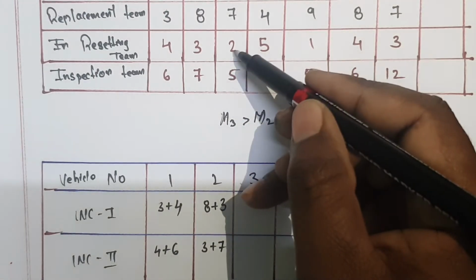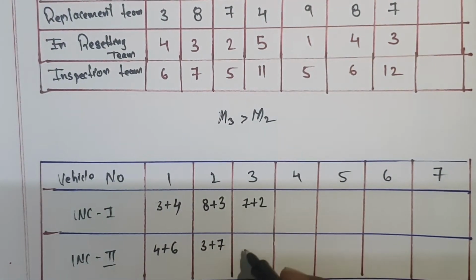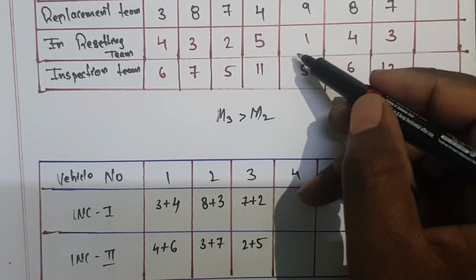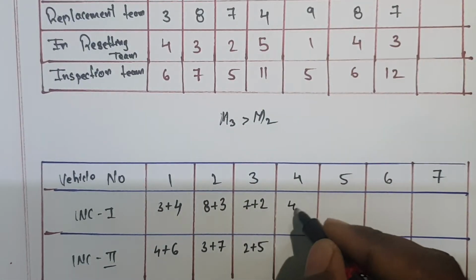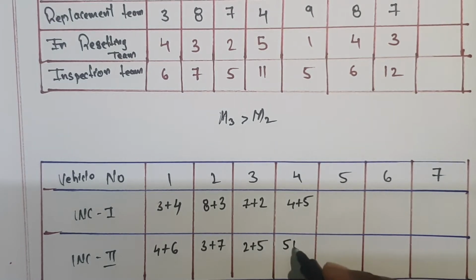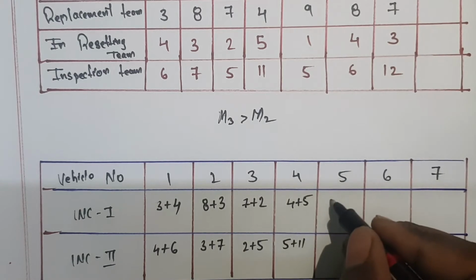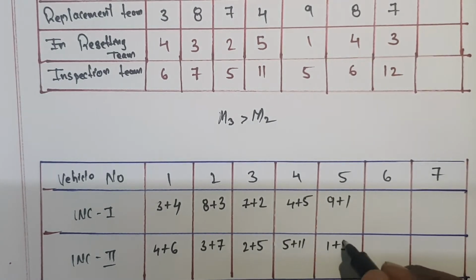Next one, 2: here I can write 7 plus 2, then here 2 plus 5. Next one is 5: so here 4 plus 5, then here 5 plus 11. Next one is 1: so 9 plus 1, then 1 plus 5.